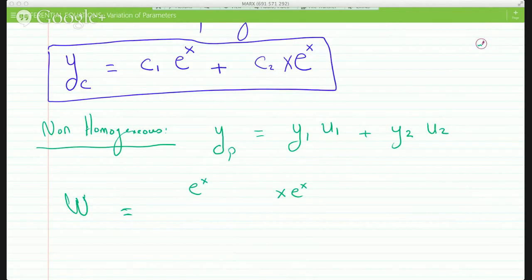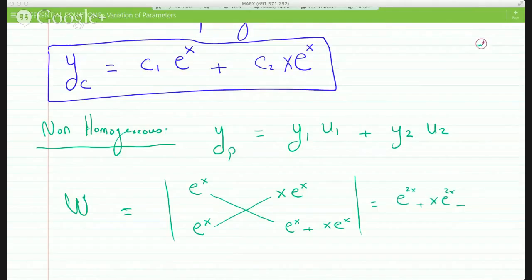And the derivatives: e to the x, and here you need a product rule. So 1 times e to the x is e to the x plus x e to the x, and the derivative of the first is e to the x. And you take the determinant of this. So the determinant would be this times this minus this times this. So this will be e to the 2x plus x e to the 2x minus x e to the 2x. These two go away, and we get e to the 2x, which is, of course, never 0.